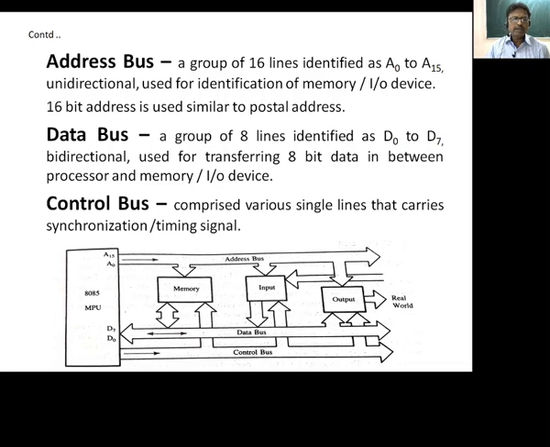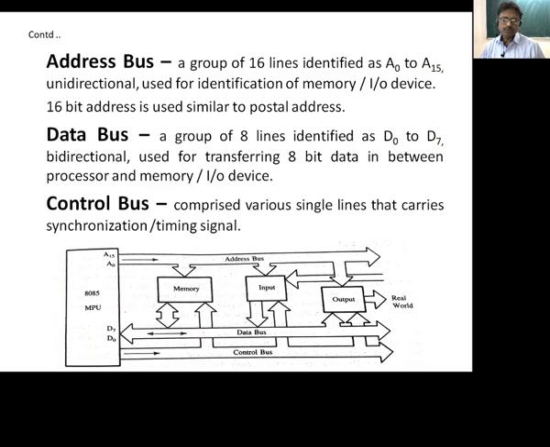So data will be flowing in either direction. That is why the data bus is bidirectional, and it is a group of 8 lines identified as D0 to D7, used to carry 8-bit information between the processor and the device.